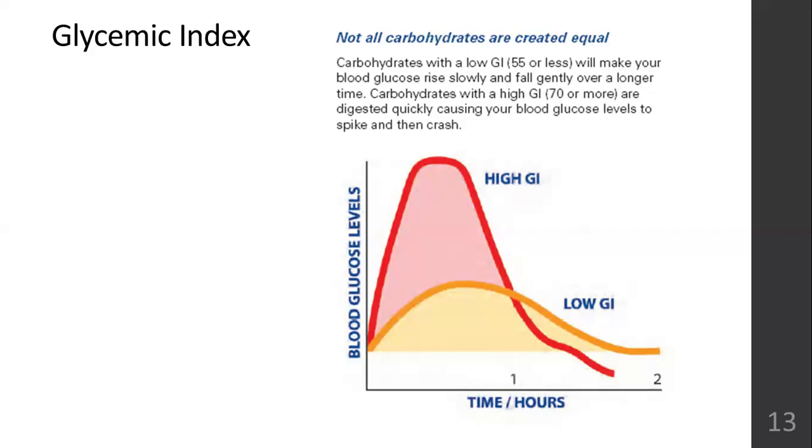Carbohydrates that have a high glycemic index, which is more than 70, will cause an immediate spike in your blood glucose level, and they will crash immediately as well. Okay, so the energy is not sustained. But in low glycemic index food, you will get sustained energy. Okay, you will not get a peak and a crash. You will get sustained energy.